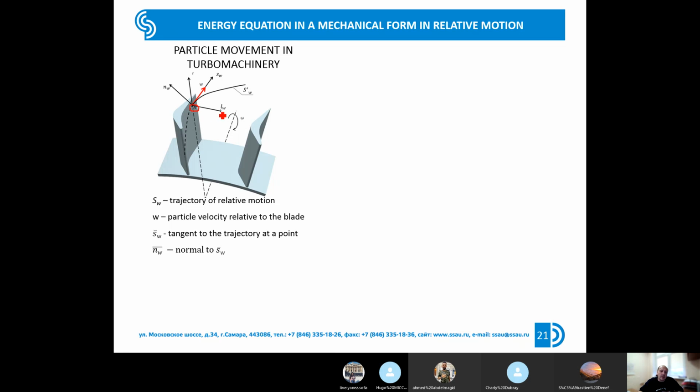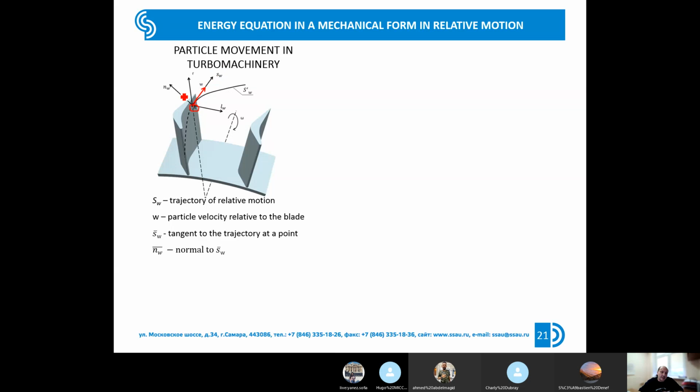Let's choose the local coordinate system. At this point A, the first axis will be directed along the direction of the particle velocity in relative motion W, this one.